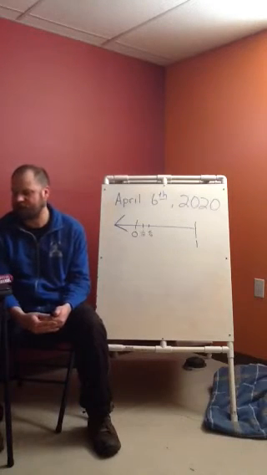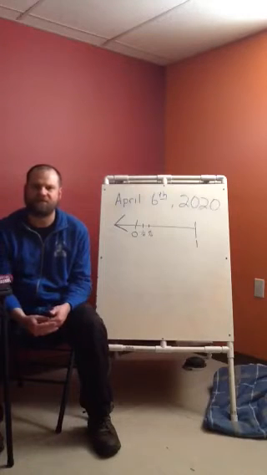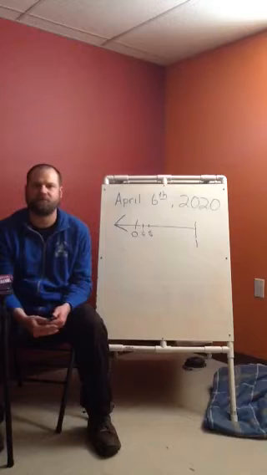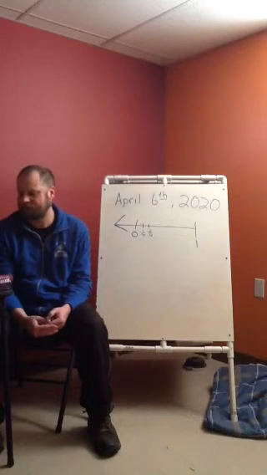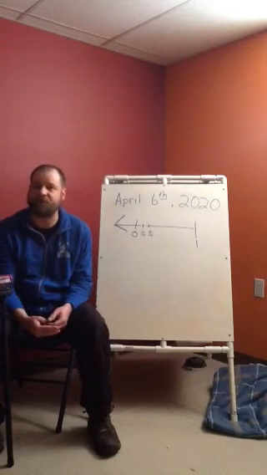Alright, mental math. Letter A. What is 54 plus 60? Letter B, here's geometry. 1 cube has 6 faces. How many faces do 3 cubes have?